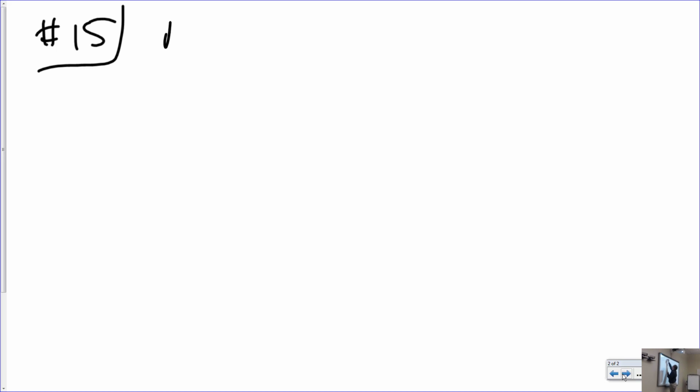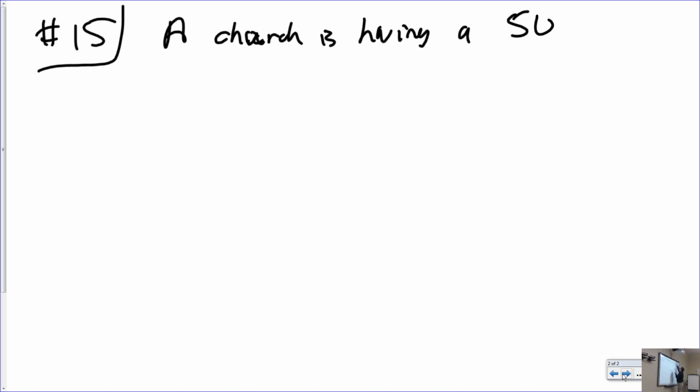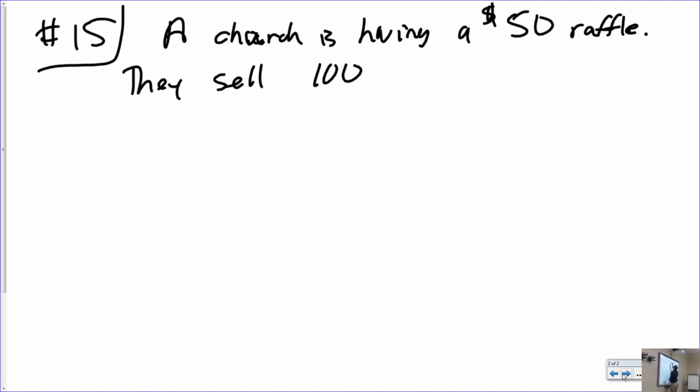So, a church is having a $50 raffle. They sell 100 tickets.